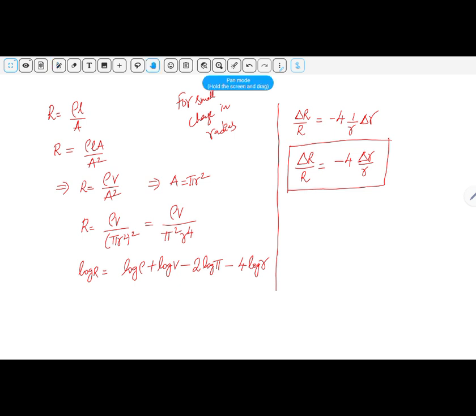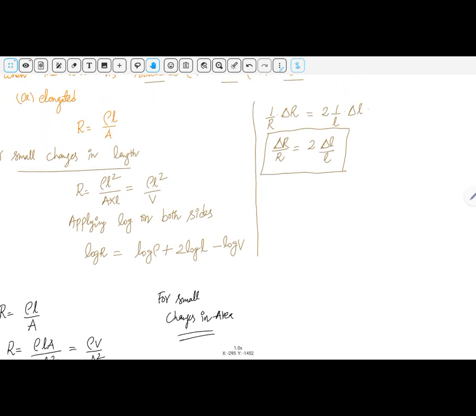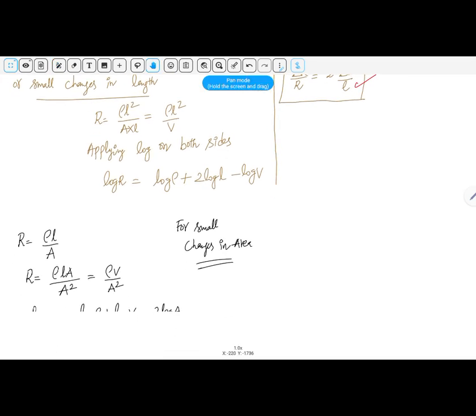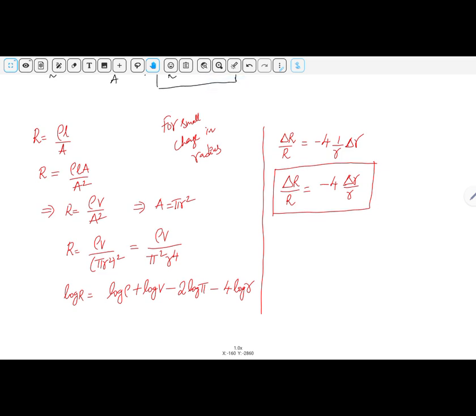So in this video, what we did is we found the change in resistance or percentage change in resistance for a small change in length. Similarly, percentage change in resistance for small change in area of cross section, and then percentage change in resistance for small change in radius.